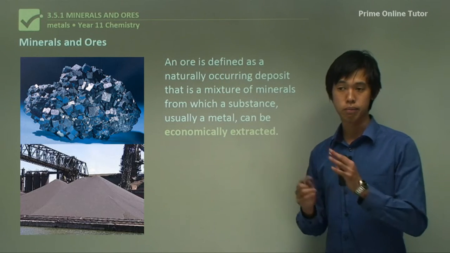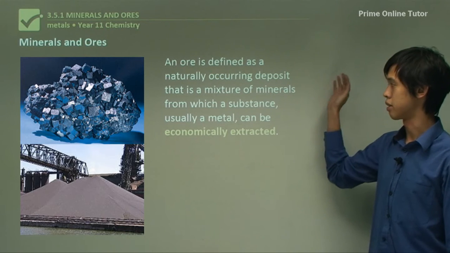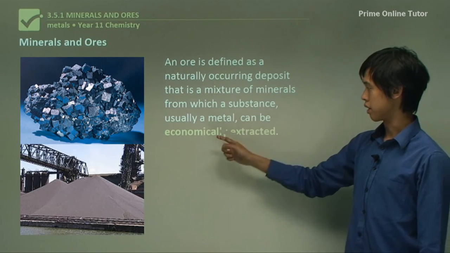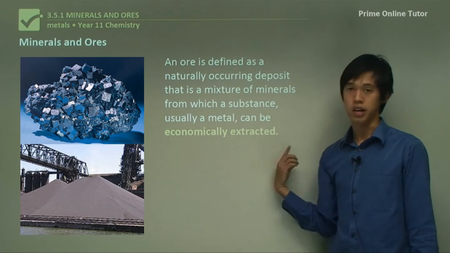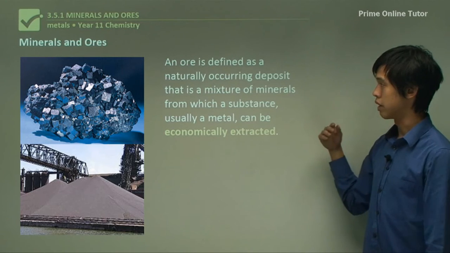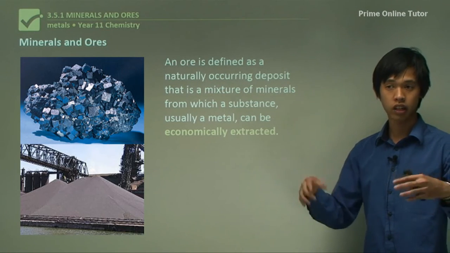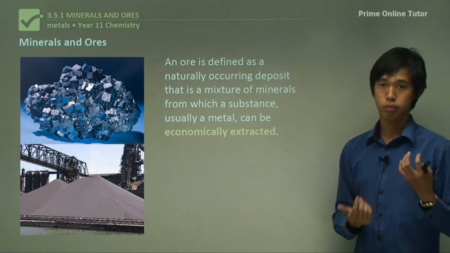Now the difference between a mineral and an ore is that an ore is defined as a naturally occurring deposit that is a mixture of minerals from which a substance, in this case a metal, can be economically extracted. So a mineral becomes an ore when there's enough of it in the ground in a particular area that we can mine it and make profit out of.